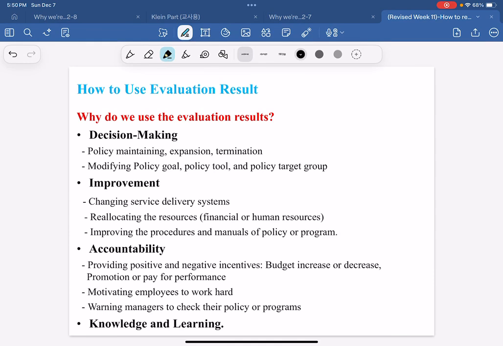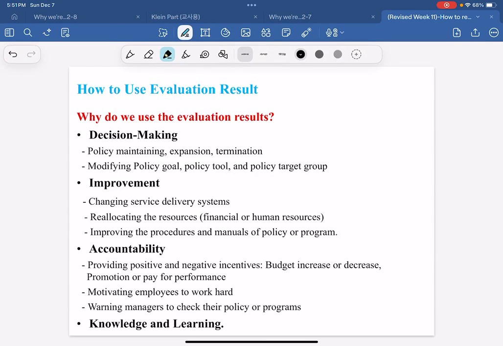Evaluation results are usually formatted as performance information, right? And then just before we learn how to use evaluation results, we need to focus on why we use the evaluation results.